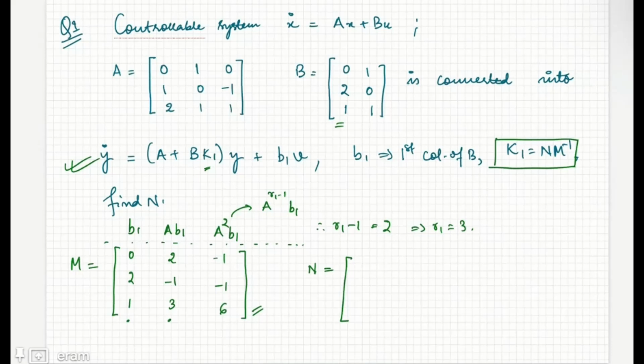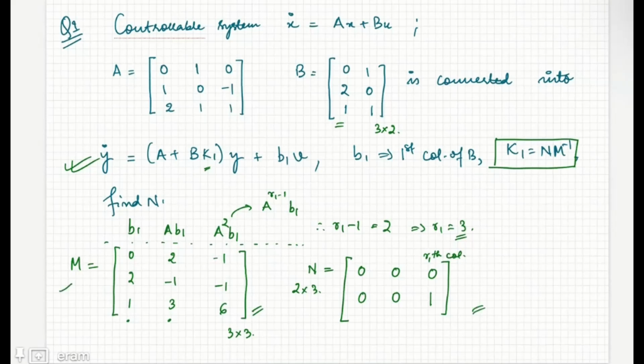Since B is 3 cross 2 and M is 3 cross 3, N must be 2 cross 3, that is m cross n. The first column will be 0, the second column will be 0, but the third column will have the form 0, 1. So this is our r1th column. This is how we can identify N.